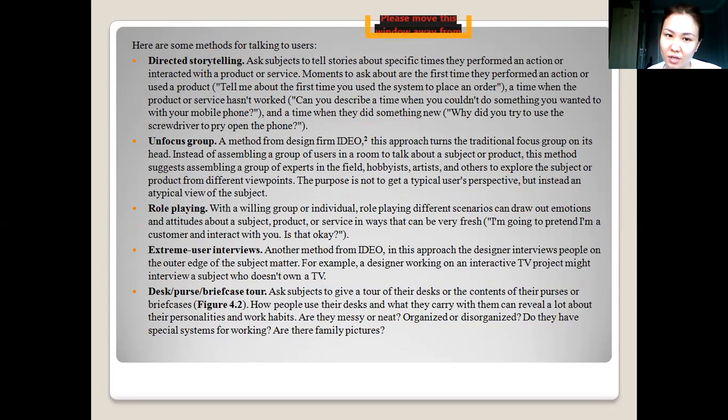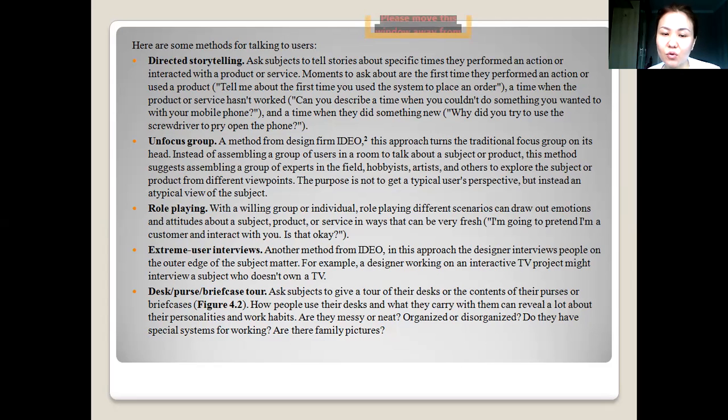Directed storytelling: ask subjects to tell stories about specific times they performed an action or interacted with a product or service. A good moment to ask about is the first time they performed an action or used a product. Unfocused group: a method from design firm IDEO. This approach turns the traditional focus group on its head.